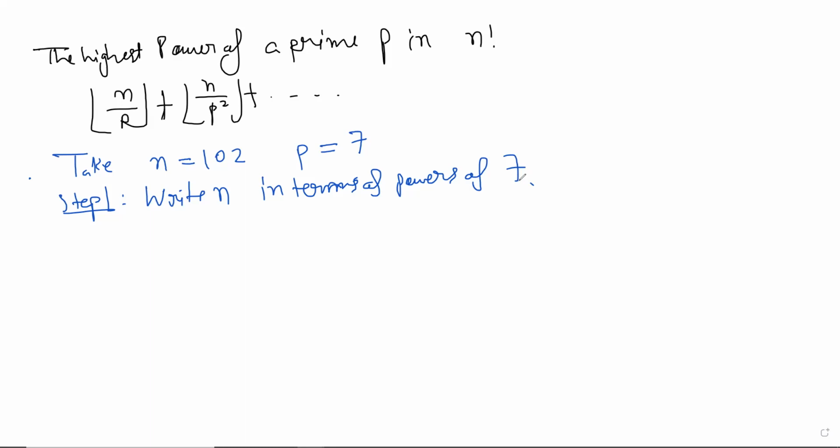Let's try to do this first, and then you see the connection. So we want to write 102 not as powers of 10, but as powers of 7.